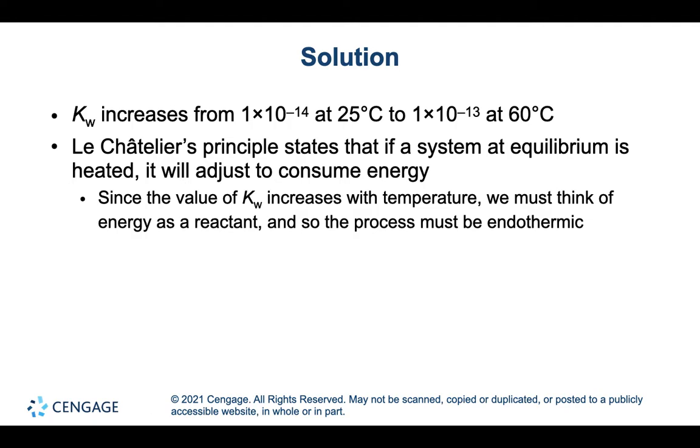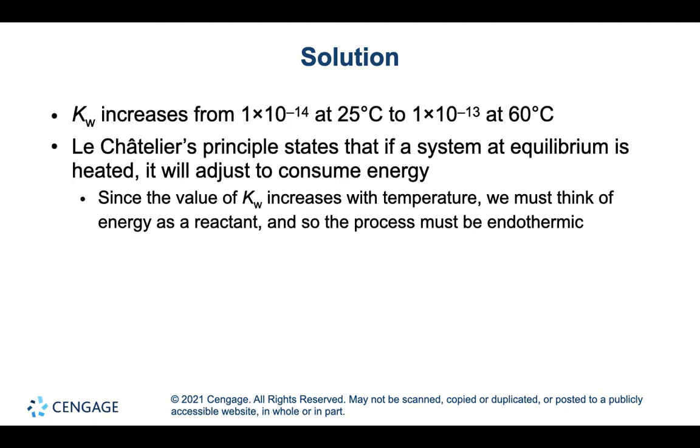First of all, we see that the K increased from 1 times 10 to the minus 14 at 25 Celsius to 1 times 10 to the minus 13 at 60 Celsius. So Le Chatelier's principle would say if a system at equilibrium is heated, then it's going to consume energy. Energy is on the left. It's endothermic if it pushes that equilibrium to the right when it's heated.